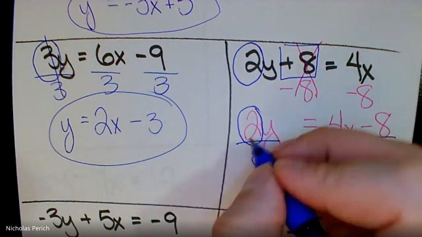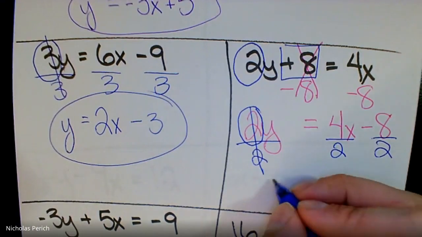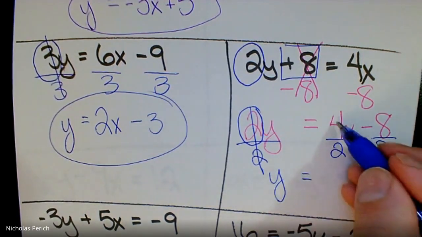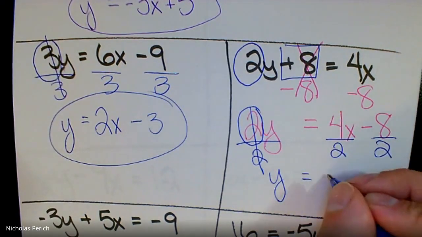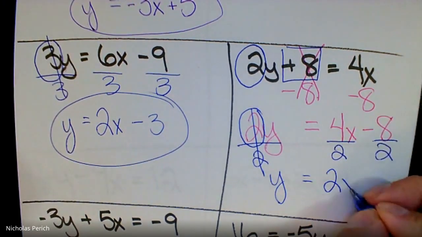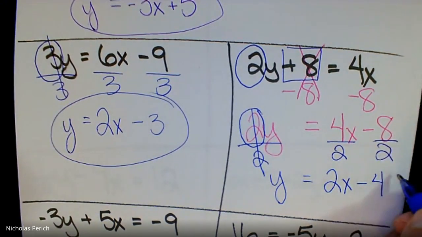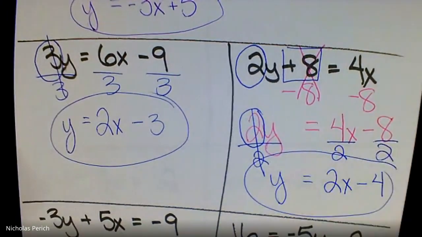Cross out the 2. y equals 4 divided by 2 is 2. X comes along for the ride. Minus 8 divided by 2 is 4. And now y is all by itself. Why? Because I said so.